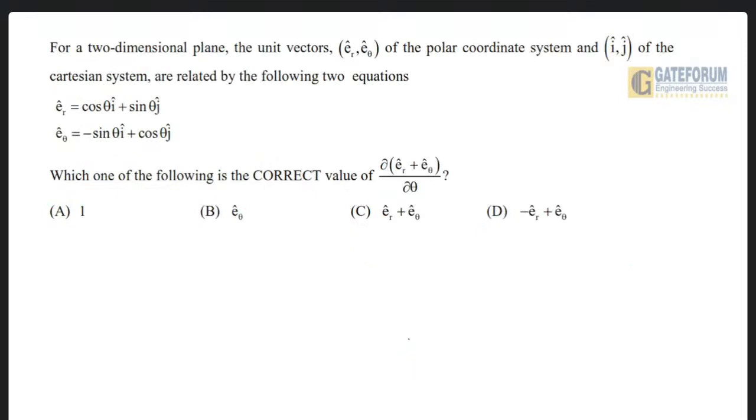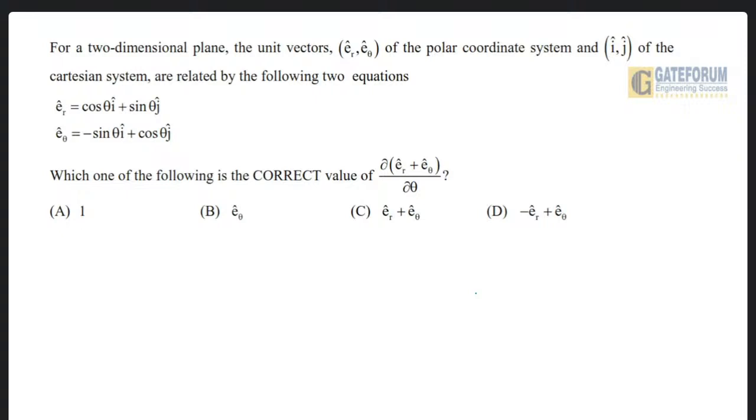The question is: for a two-dimensional plane, the unit vectors e_r cap and e_theta cap of the polar coordinate system and i cap, j cap of the Cartesian system are related by the following two equations. e_r cap is equal to cos theta i cap plus sin theta j cap. e_theta cap is equal to minus sin theta i cap plus cos theta j cap.